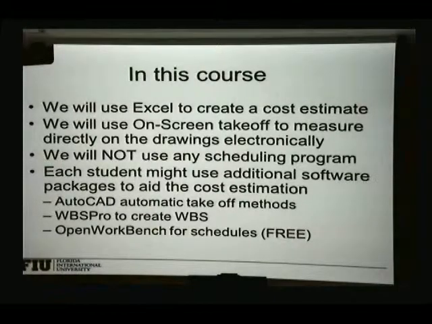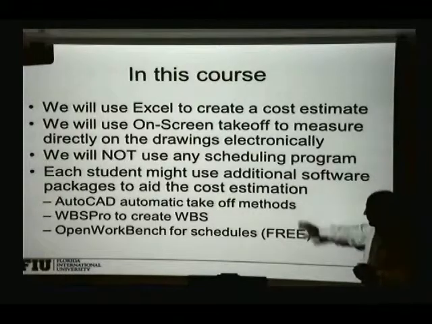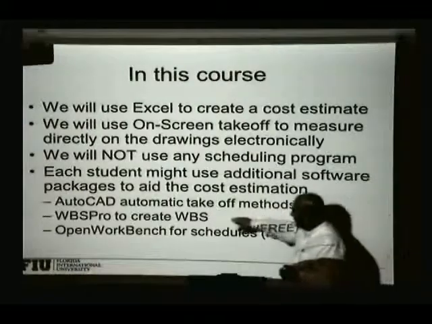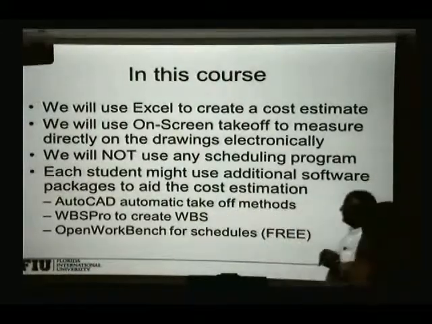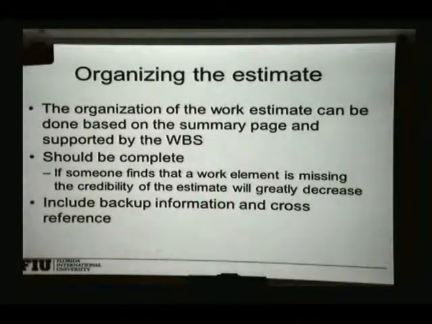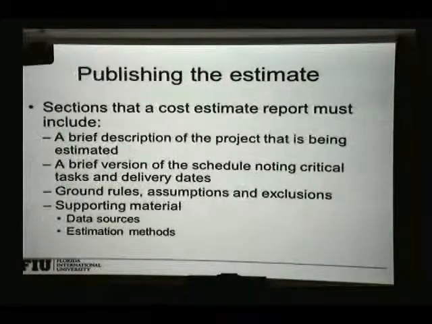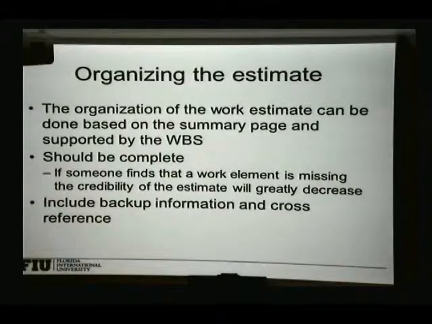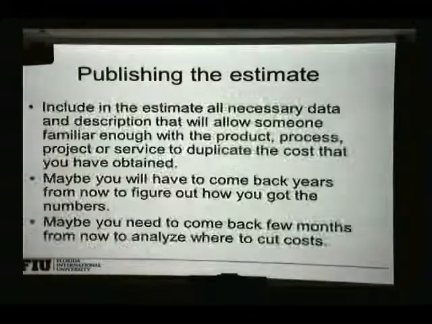And if you want to do the work breakdown structure, there is some software that can do it for you. If not, the work breakdown structure that we're going to do is going to follow the CSI divisions. So that's going to be the work breakdown structure for us, the divisions of CSI. And the estimate is going to be organized in a way that I will show you later on.